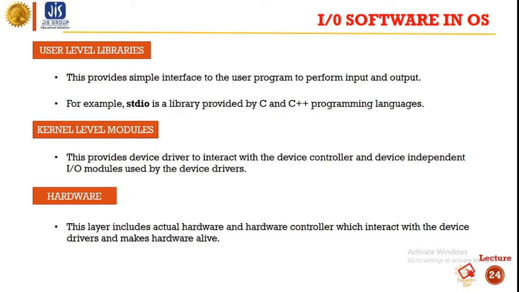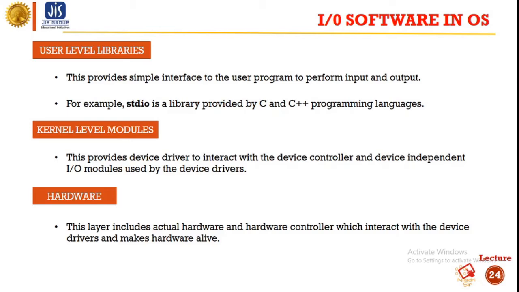So we can see that there are three types of interfaces: one is user level libraries, the next one is kernel level modules, and the third one is hardware. User level libraries provide a simple interface to the user program to perform input and output, for example stdio in C and C++.